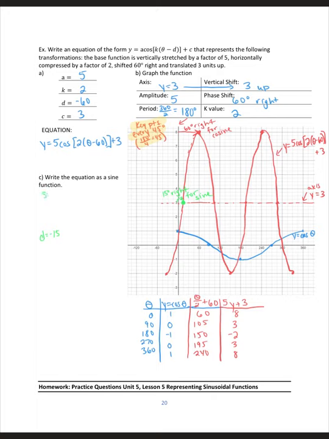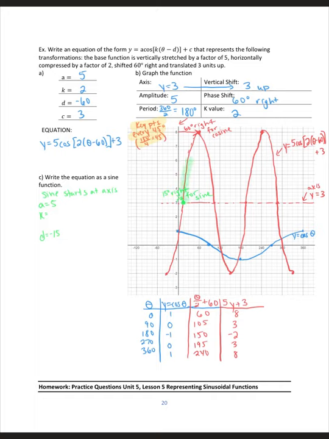We have to remember that our sine starts at the axis. Okay, our A value, our amplitude, is still going to be 5. Our K is still going to be 2, because if we look, we still are completing one cycle of the sine curve in 180 degrees.